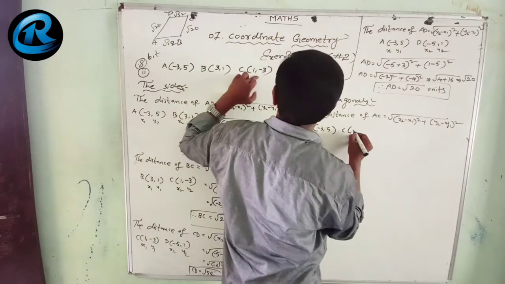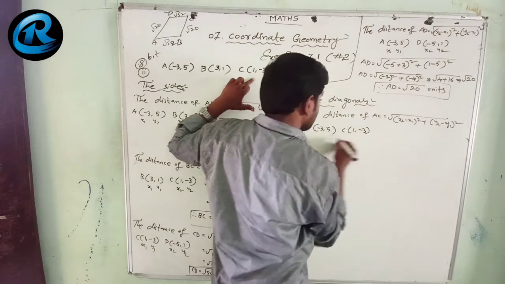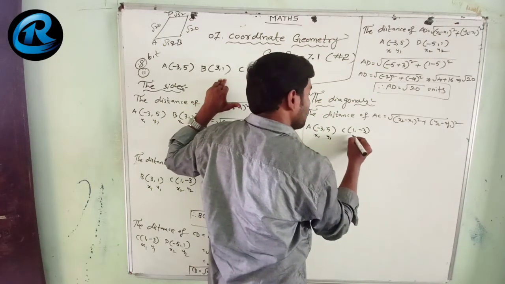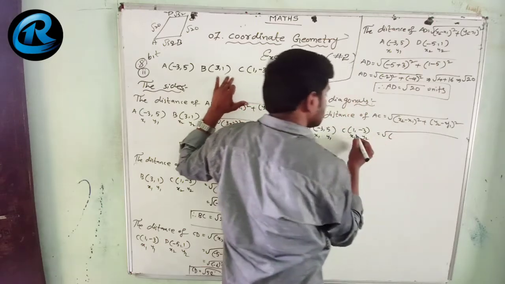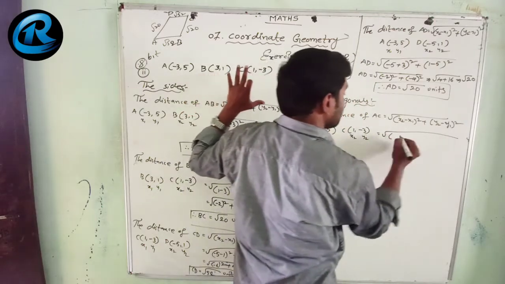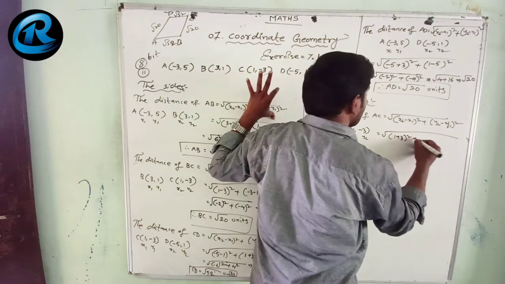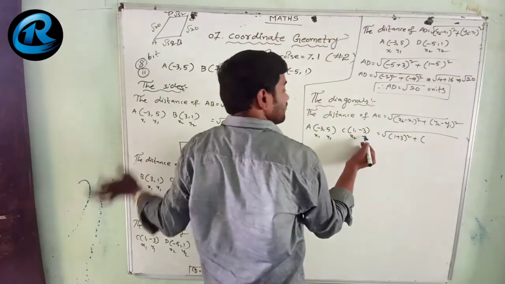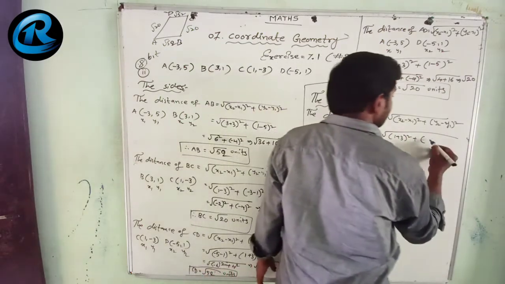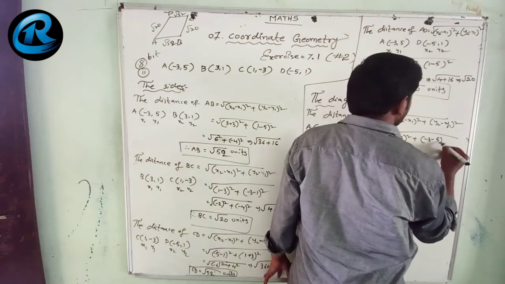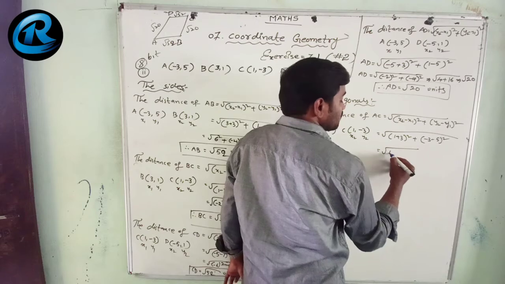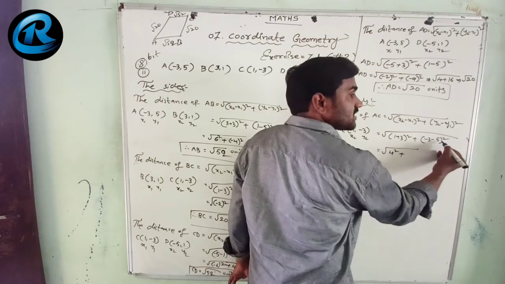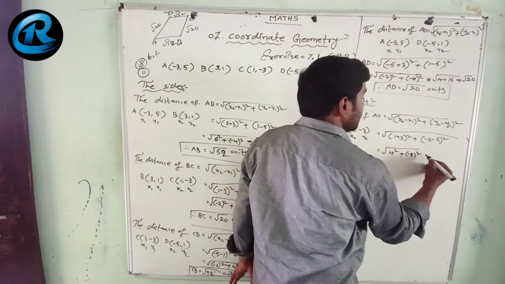C point is 1 comma minus 3. x1, y1, x2, y2. Under root of x2 minus x1, 1 minus of minus 3, 1 plus 3 whole square, plus y2 minus y1, minus 3 minus 5, whole square. That equals 1 plus 3, that is 4 square, plus minus 3 minus 5, minus 8 whole square.